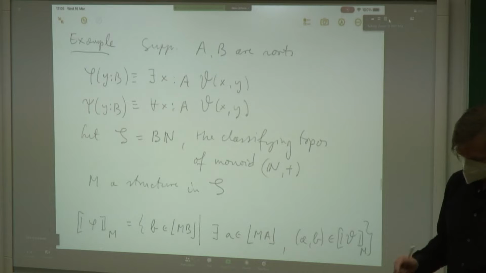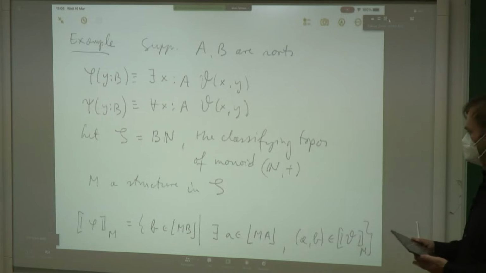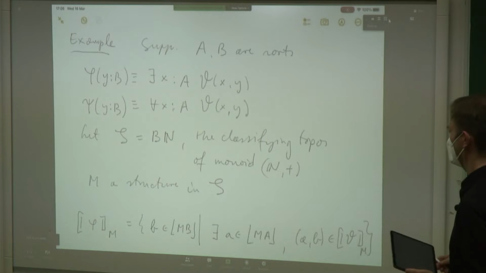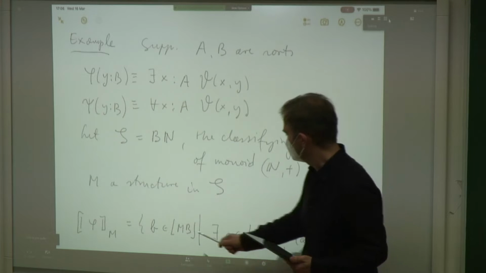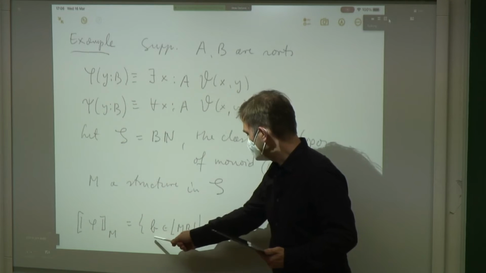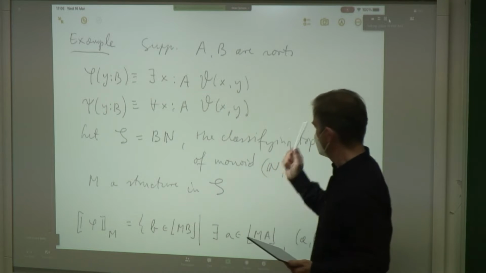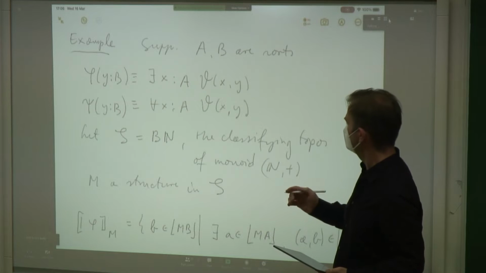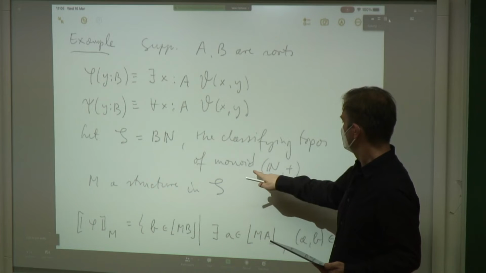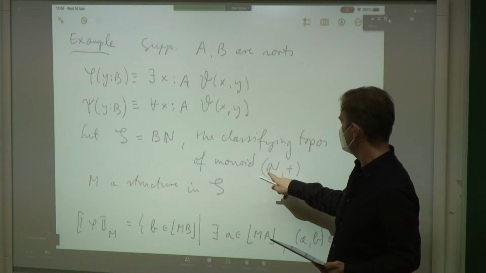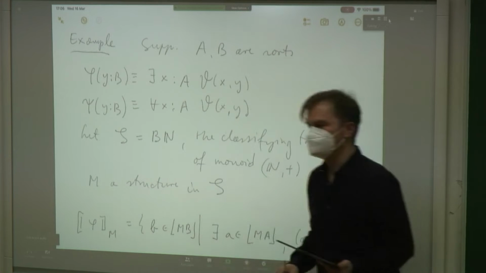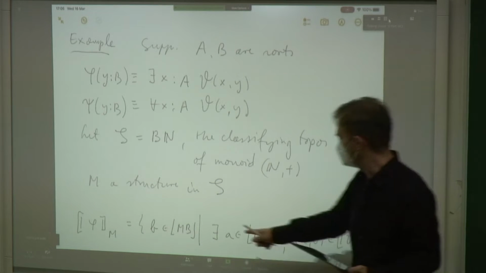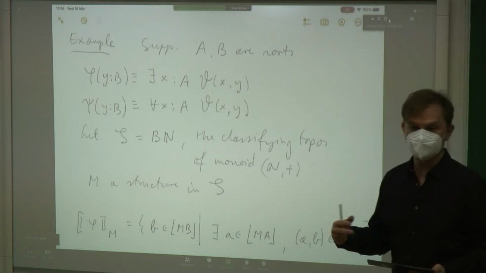So for the existential formula, you get the set of all B. So, okay, when I have an action of N plus by this symbol, I mean the underlying set.